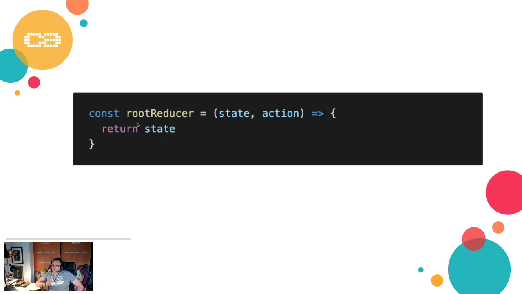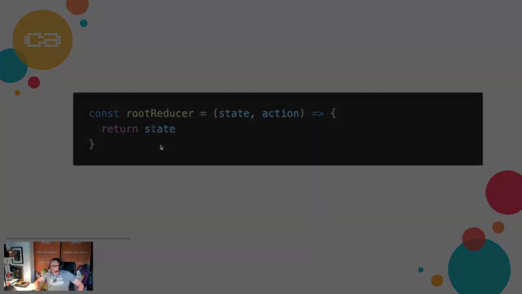It takes two arguments, the state and the action. As I said, it looks at the state and the action and combines them into a new object. In this particular example, the only thing it does is return state. So it doesn't modify anything. Not in this code example. But I think I have another one here.